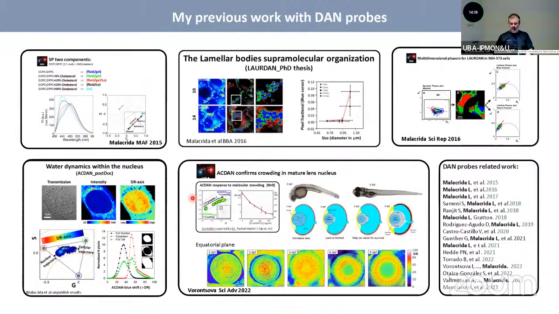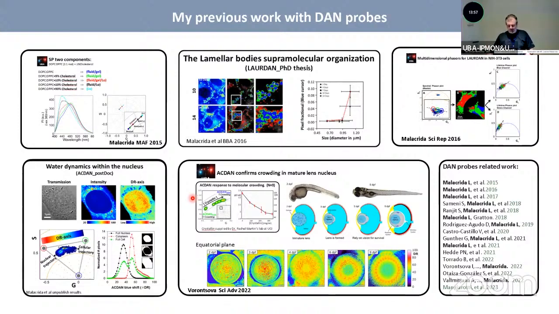And this basically was the information they had when they approached me to help them in the use of this set of probes that are very valuable for studying the membrane biophysics as well as the biophysics of the interior of the biomolecular condensates.